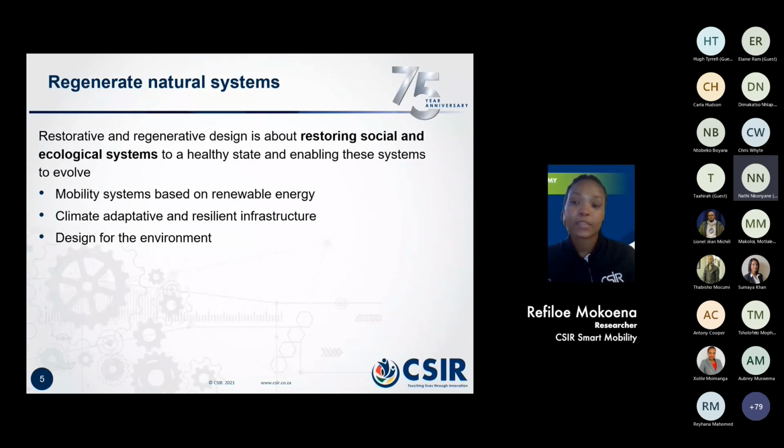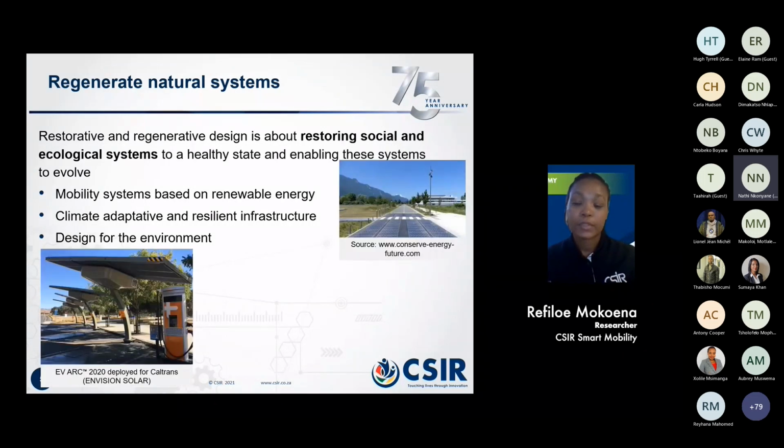Therefore, understanding current and future user needs and expected demands on mobility systems is a critical component to regenerative and restorative design. The shift to alternative fuels and electric vehicles supported through renewable energy presents an opportunity to reduce greenhouse gas emissions.